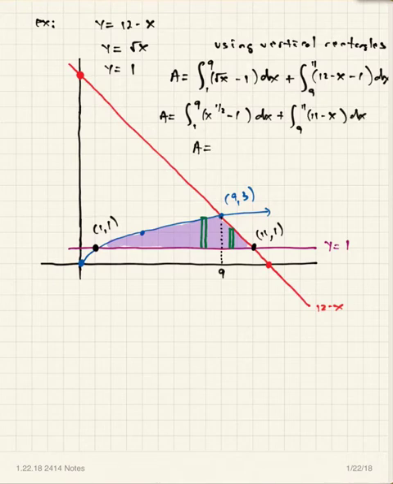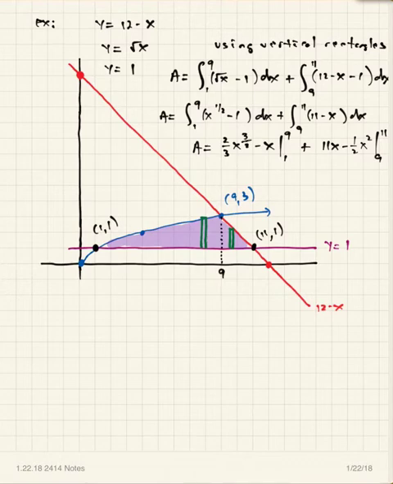The area would be 2/3 x to the 3/2 minus x, from 1 to 9, plus 11x minus 1/2 x squared, from 9 to 11. And then you'd have to go ahead and evaluate that, which wouldn't be too terribly difficult to do. It's probably not as messy as some of the ones we've just been doing.